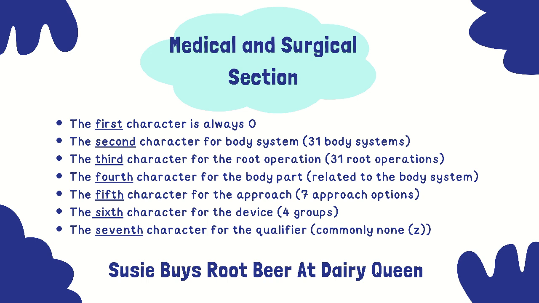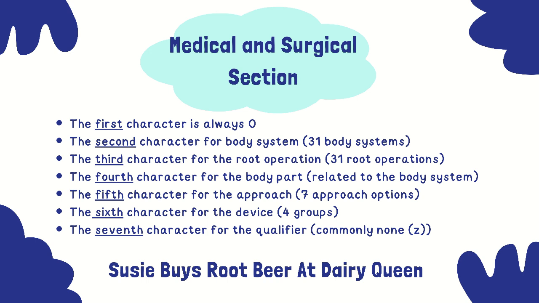So the first character in the medical and surgical section is a 0, not the letter O. The second character represents the body system. There are 31 body systems, and last week we talked about why, so I won't review that.